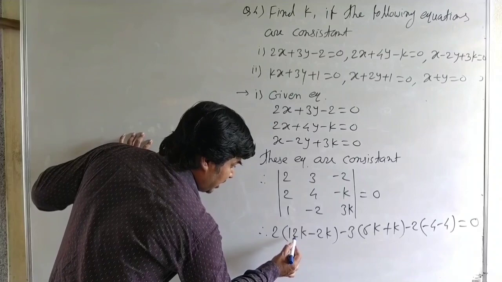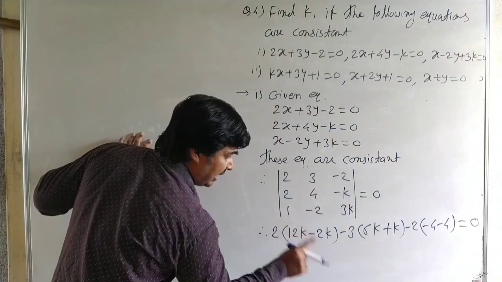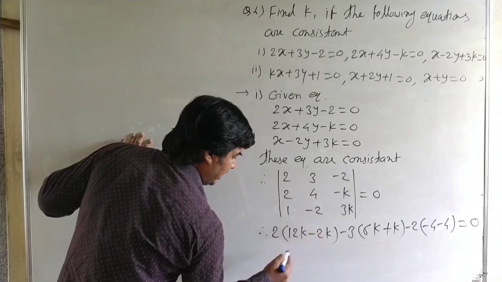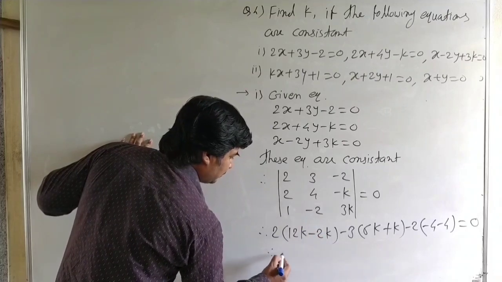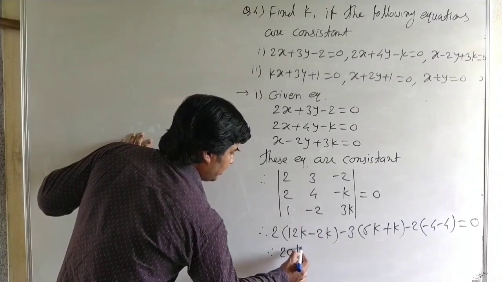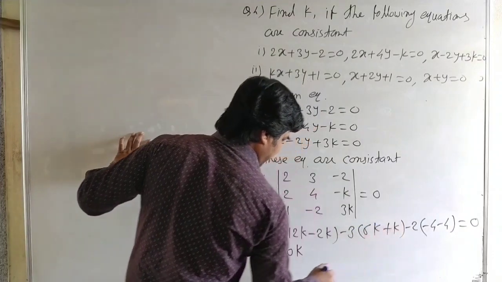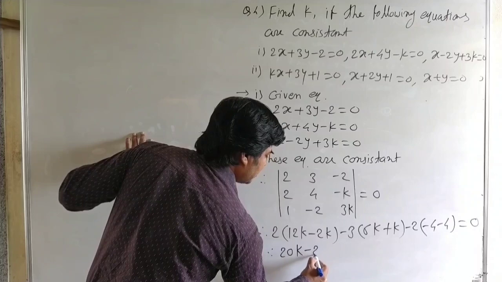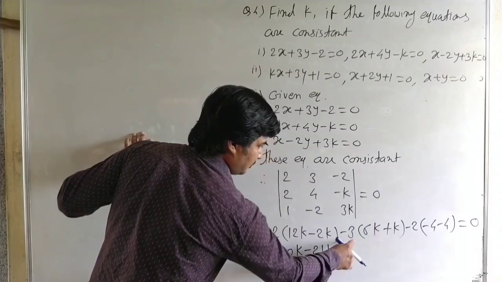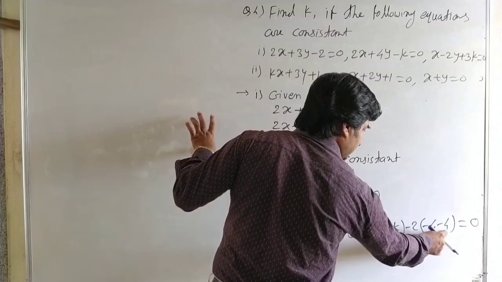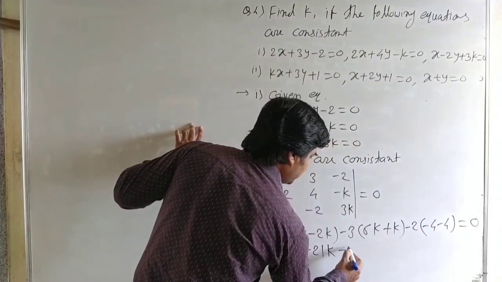Now here 12k minus 2k, it is 10k. See carefully, 12k minus 2k is 10k, 10k into 2, therefore it is 20k. 6k plus k is 7k, therefore it is minus 21k. Okay, and here minus 8 into minus 2 is plus 16.